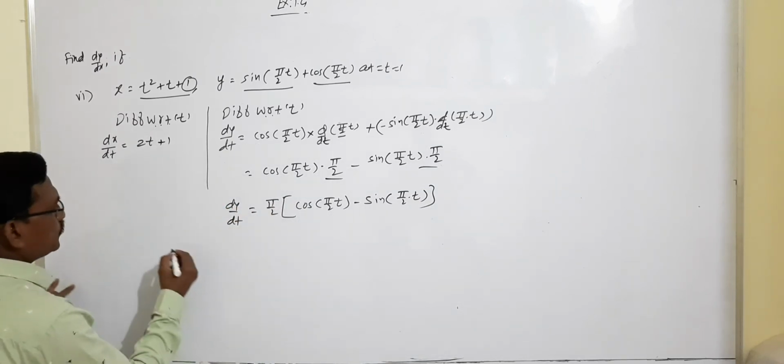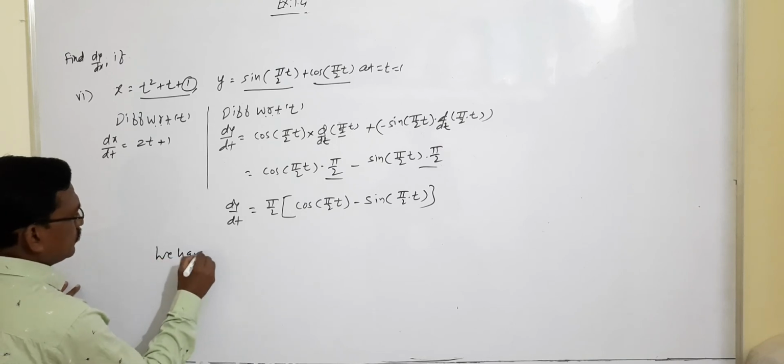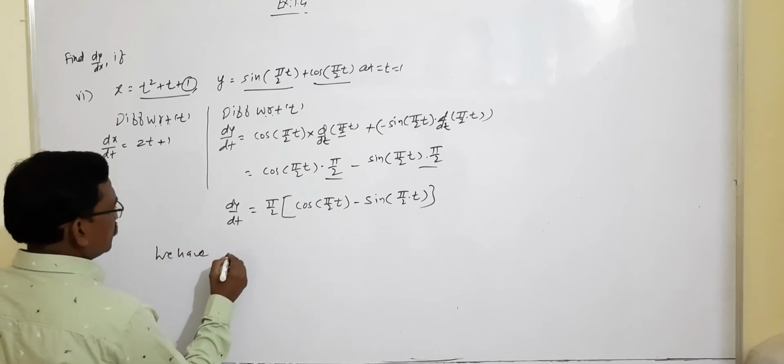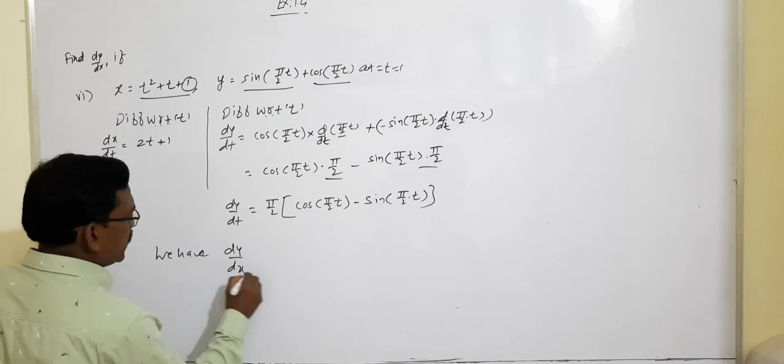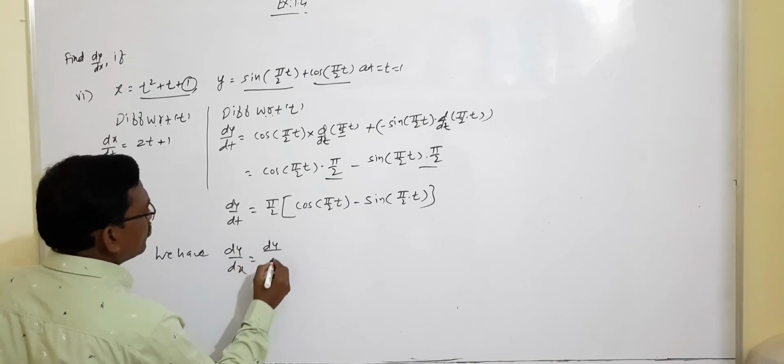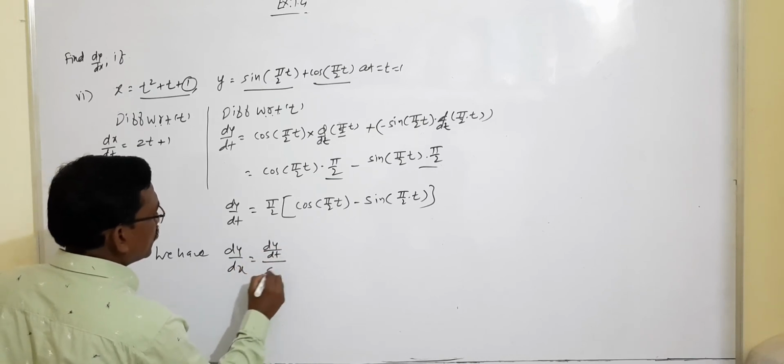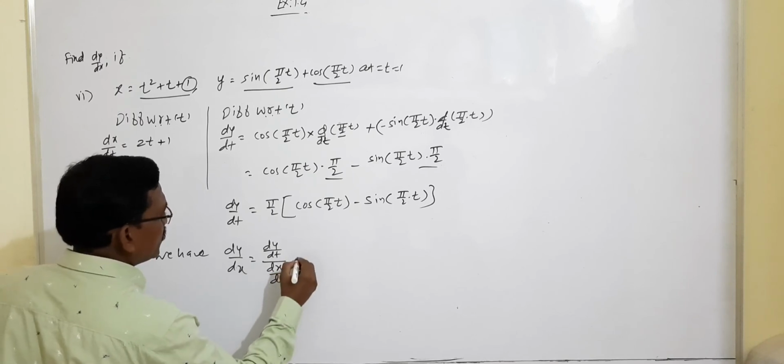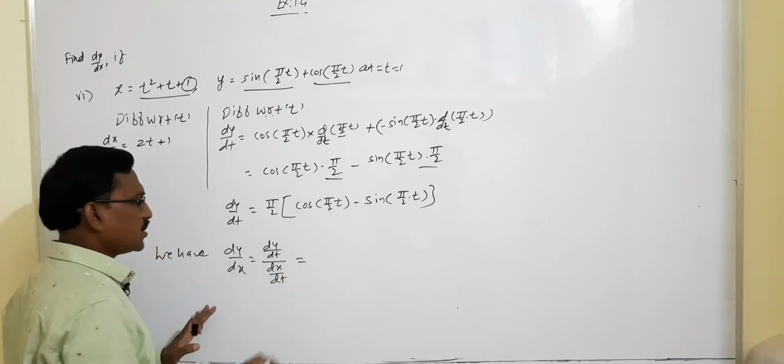Now we have dy by dx is equal to dy by dt upon dx by dt, the derivative of a parametric function.